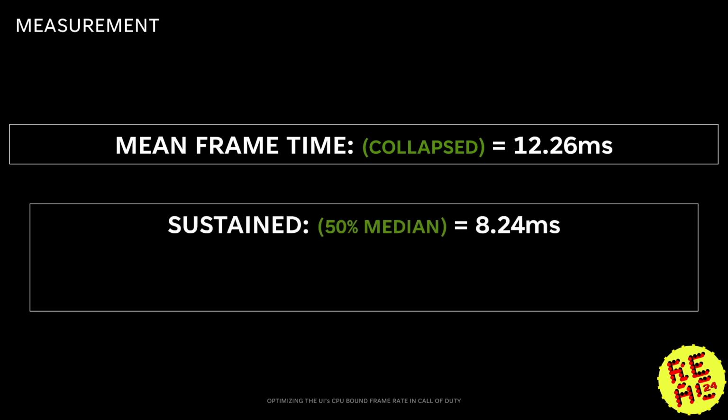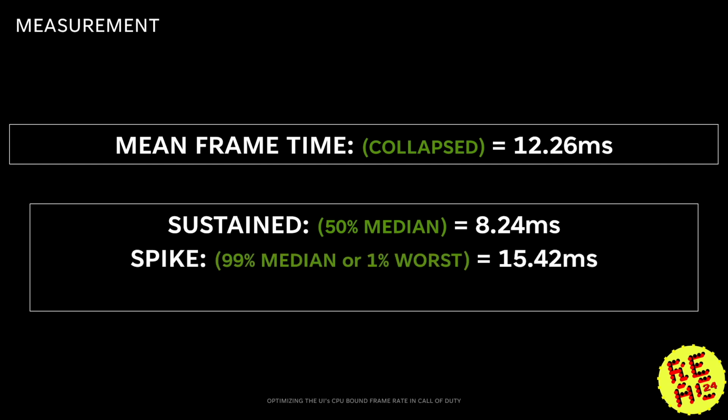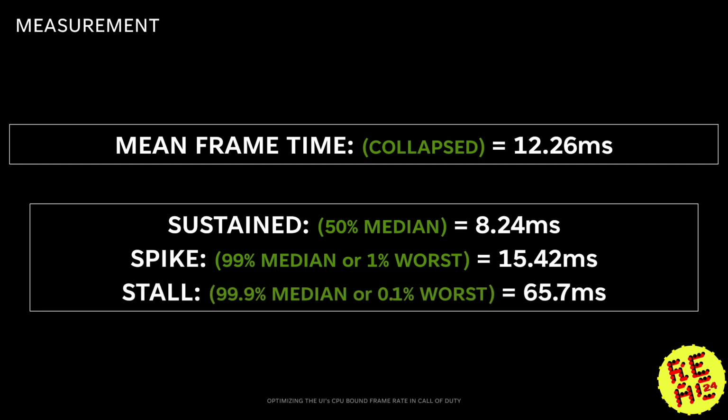This is why medians are used for performance tracking. The 50% median provides an excellent metric for sustained frame performance, while the 99th percentile median will give the 1% worst performing frame spikes, and then we can go a step further to the 99.9th percentile median, which will give an accurate representation of the duration experienced by the worst 0.1% performing frame offenders, or the frame types I previously referred to as stalls.